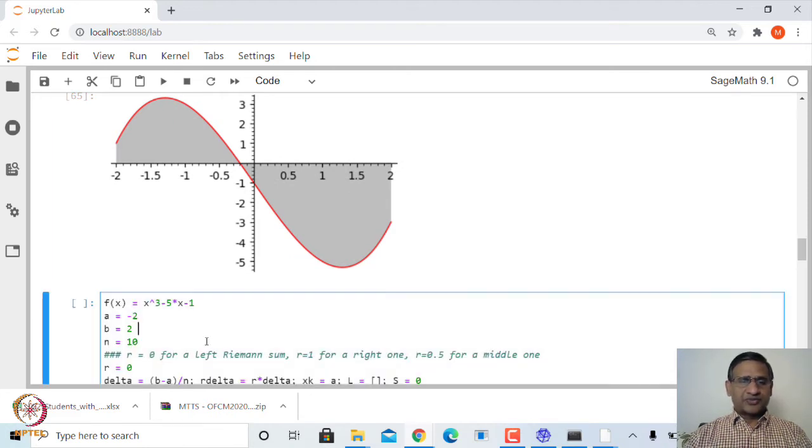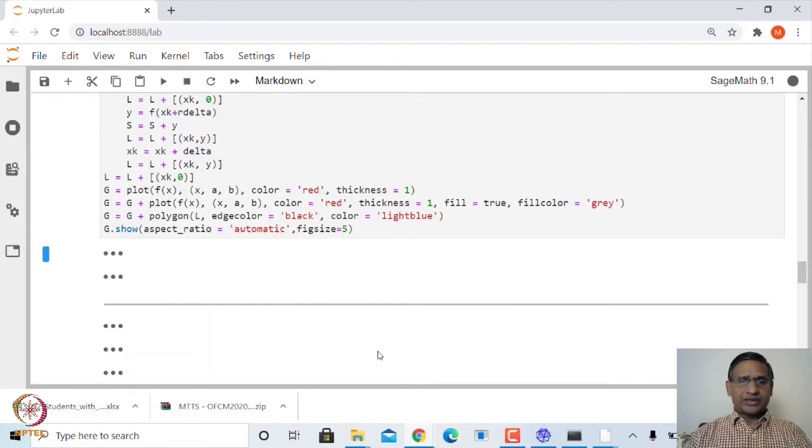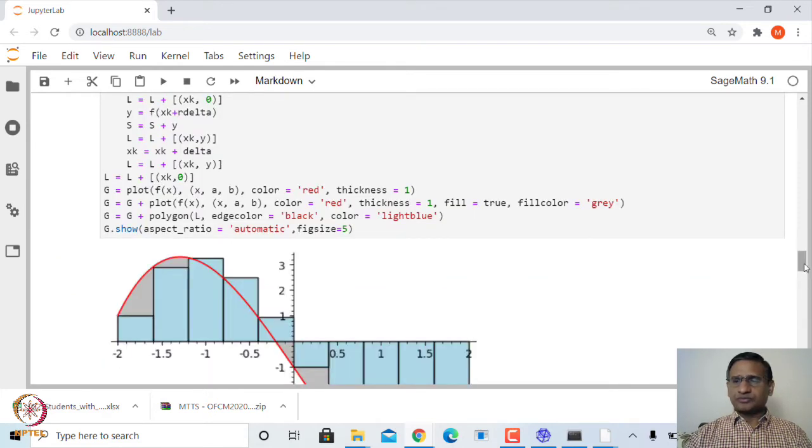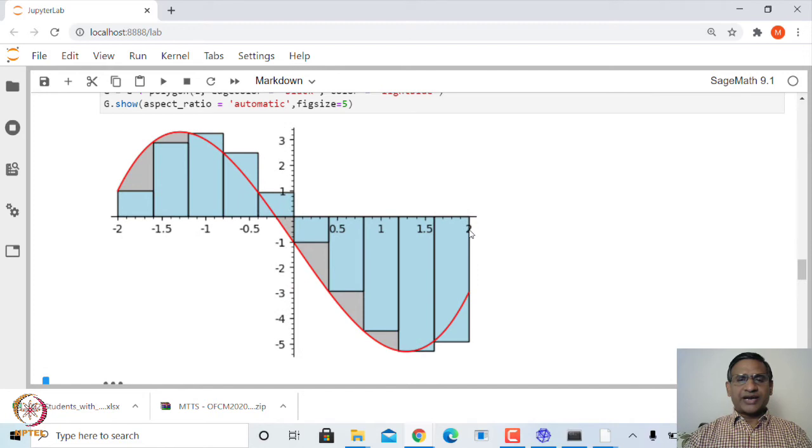Suppose we divide this interval from -2 to 2 into, let us say, 10 equal sub intervals, and approximate the area under this curve by rectangles whose height is the value at the left end point. Everywhere the left end point is the height of the rectangle, and this is the width.